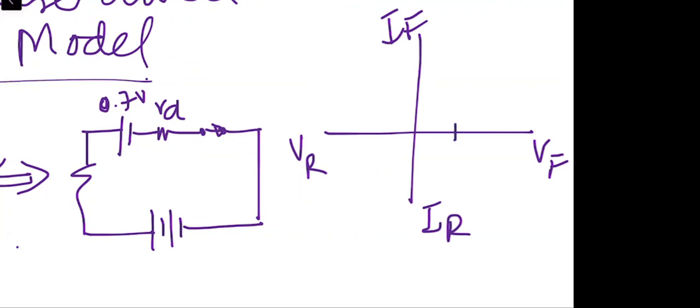Till 0.7 volts we have no current flowing, so it is something like this. And after 0.7 volts we have a curve something like this. It is the slope due to the dynamic resistance. Are you with me?